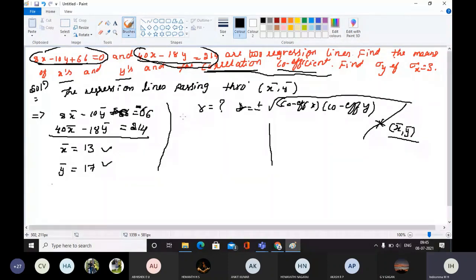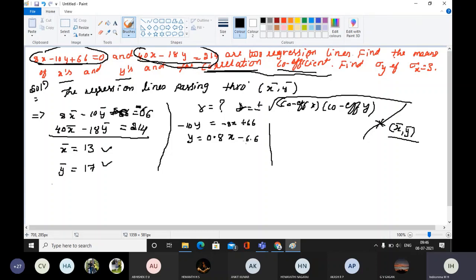From the first equation, usually you solve the first equation for Y, so Y should be on the LHS. That is minus 10Y is equal to minus 8X plus 66. Now divide by minus 10. So Y is equal to minus 8 by minus 10, which is 0.8, into X, plus 66 by minus 10, that is minus 6.6.